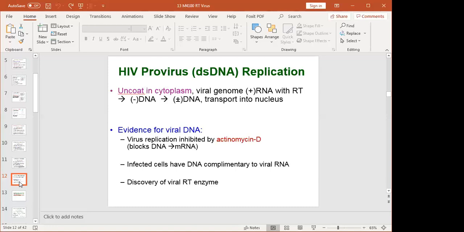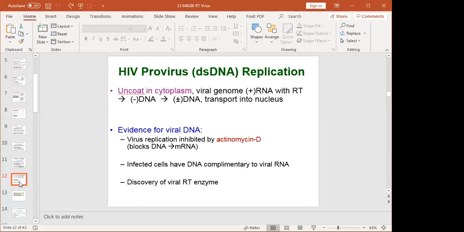Also, scientists have found that those host cells that were infected with the virus had a DNA that was complementary to the original positive RNA genome of the virus. And lastly, when they discovered that viruses have this enzyme, reverse transcriptase, it adds more credibility to the theory that viruses have RNA, but then they convert it to DNA.